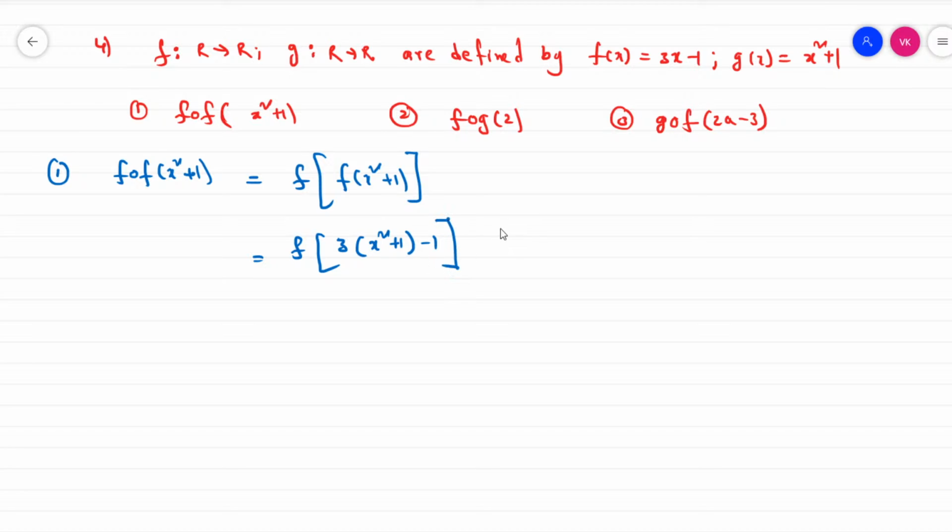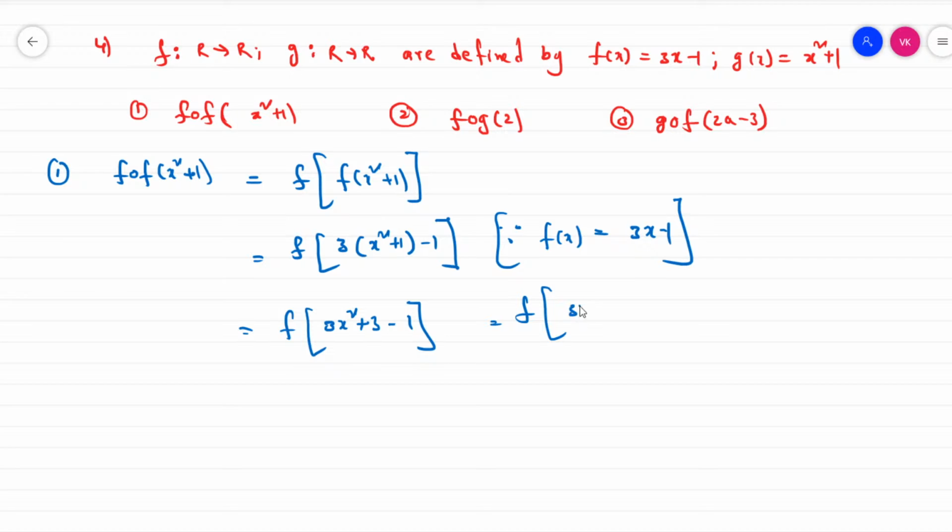Let's go further. It is written as 3x square plus 3 minus 1. Let's simplify: we can write 3x square plus 2.